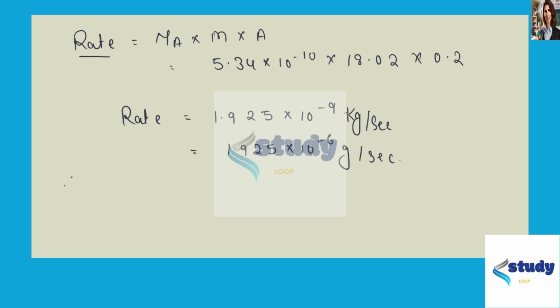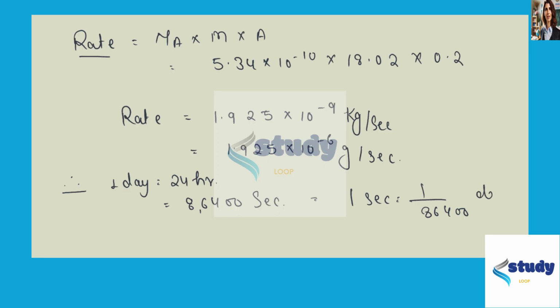So we know that 1 day is equal to 24 hours. So we can convert it to seconds, that is 86400 seconds. So 1 second is equal to 1 by 86400 per day.